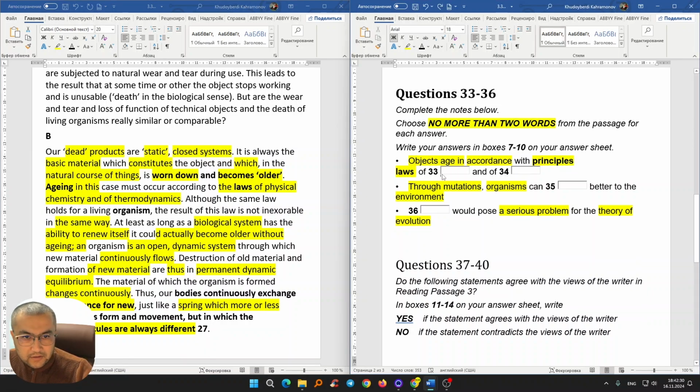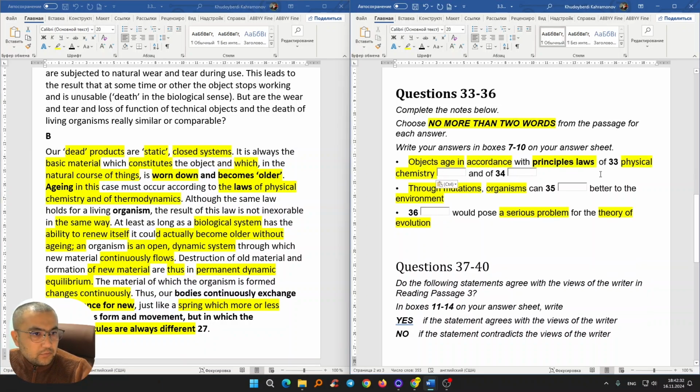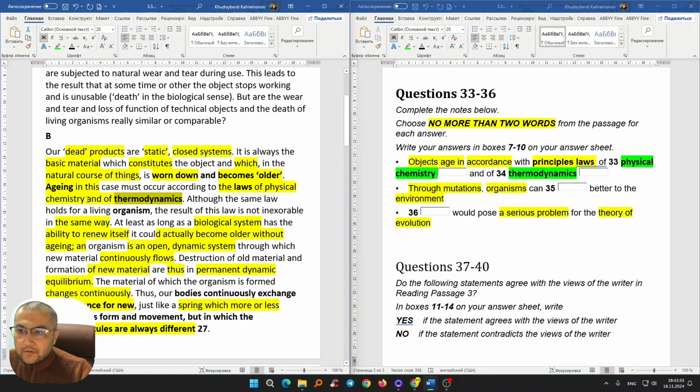Sorry, my bad. So 33 is going to be physical chemistry. This is the right answer for 33. And the next one is thermodynamics, right? All right, this is 33 and 34 respectively.